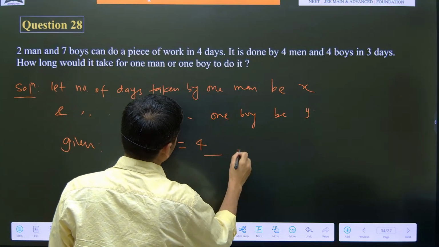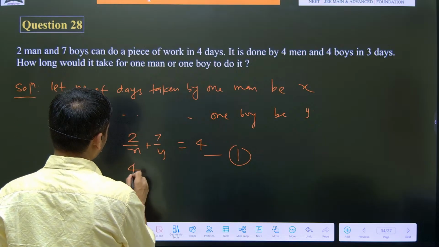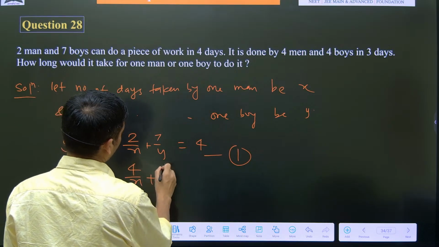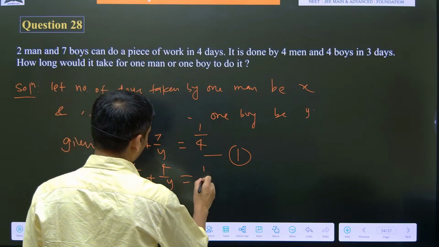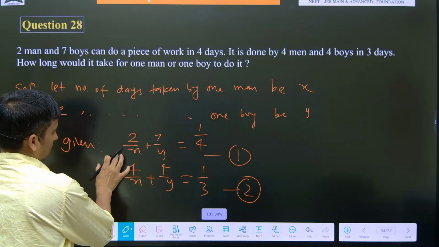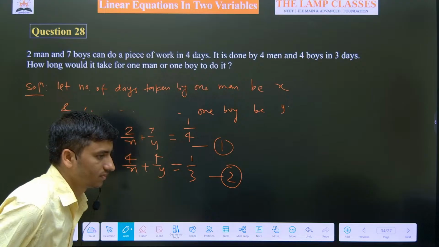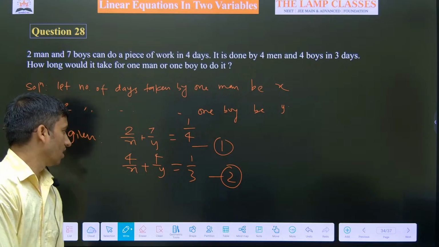That's the first equation, guys. And the second scenario is 4 men, that means 4 upon x plus 4 upon y is equal to 1 upon 3. We have to solve just these two pair of linear equations. I hope you have understood. This formula you can directly use, even in the final exam without any explanation.